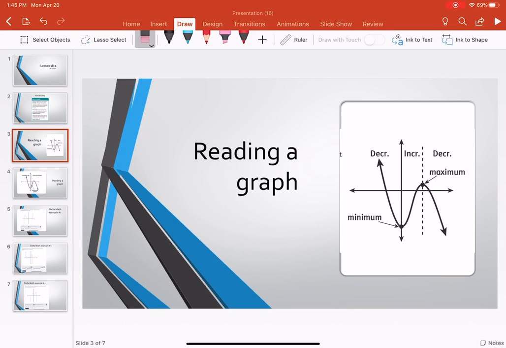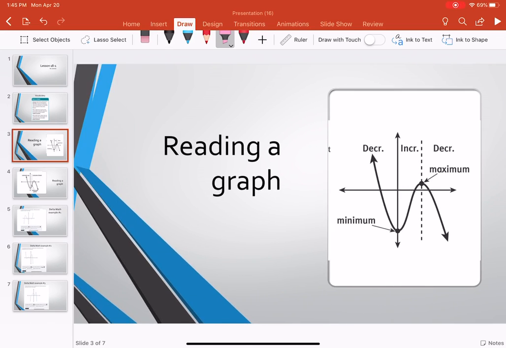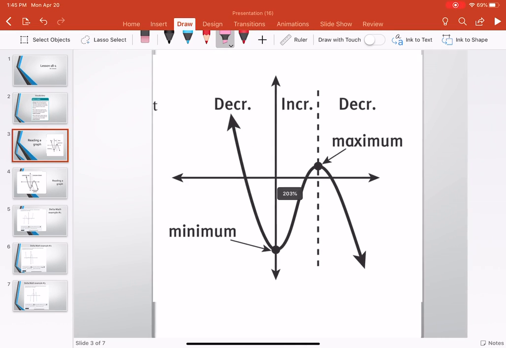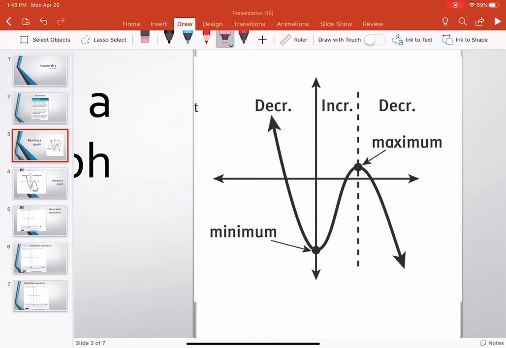All right, so let's start by reading this graph. We're going to start here, looking at this function, which starts to decrease, decreasing, decreasing, and right here is where it changes. It starts increasing, increasing, increasing.